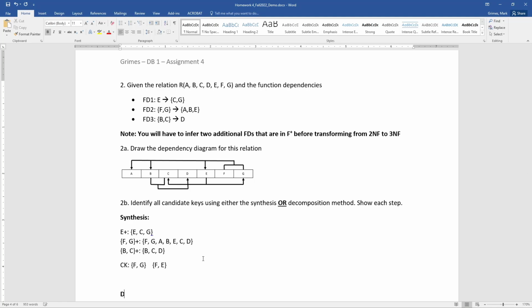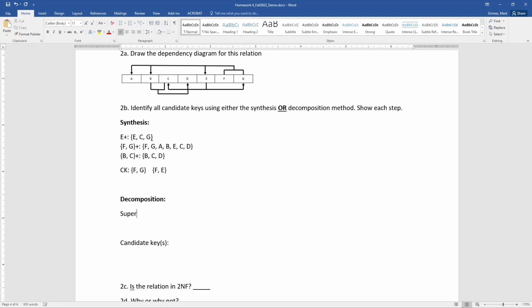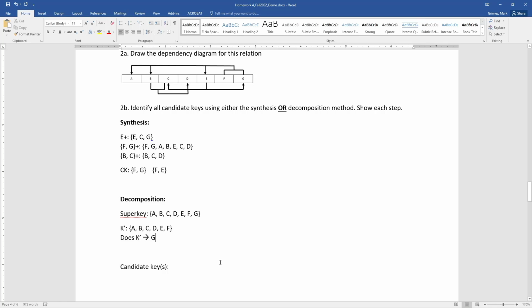Let's go through the same thing using decomposition. So we're going to start with this known superkey of A, B, C, D, E, F, and G. And then we're going to set a value for K prime to be A, B, C, D, E, F. And we're going to ask the question, does K prime functionally determine G, right?